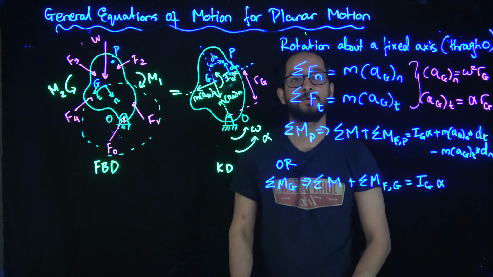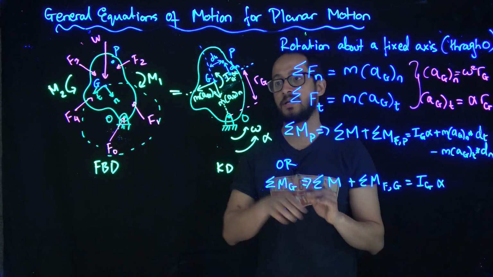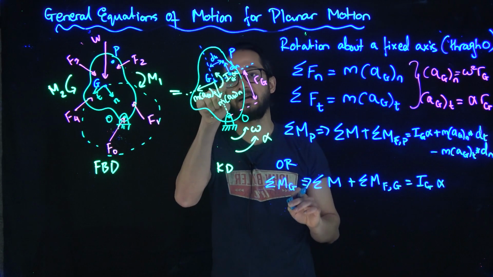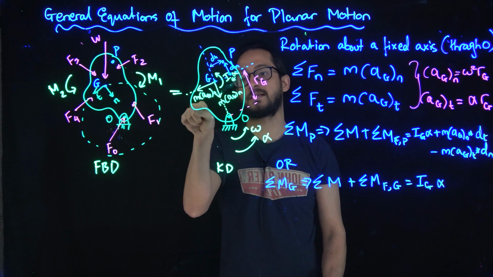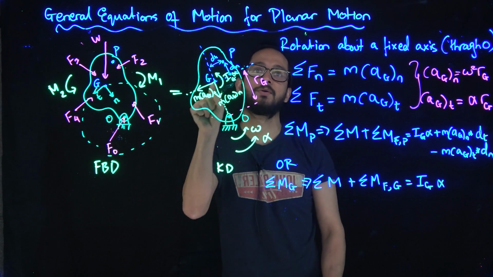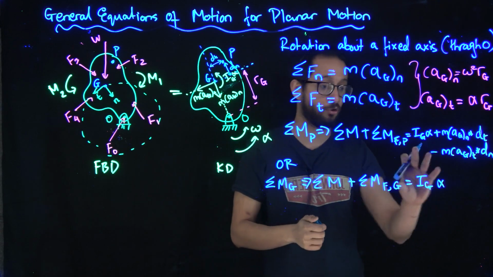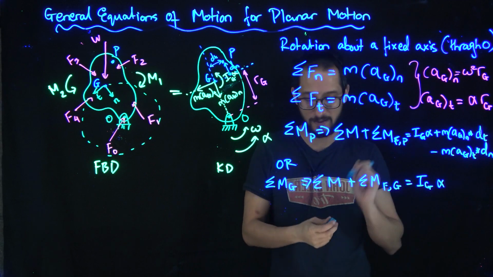That's just equal to Ig alpha, right? Because in your kinetic diagram, you're taking moments about the point G. Both this MAGT and MAGN pass through that point, so they don't show up on the right-hand side over here.